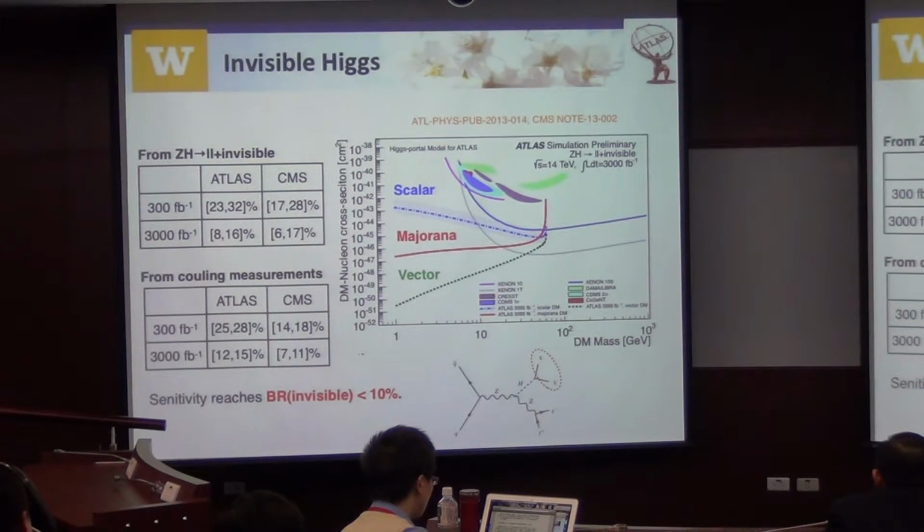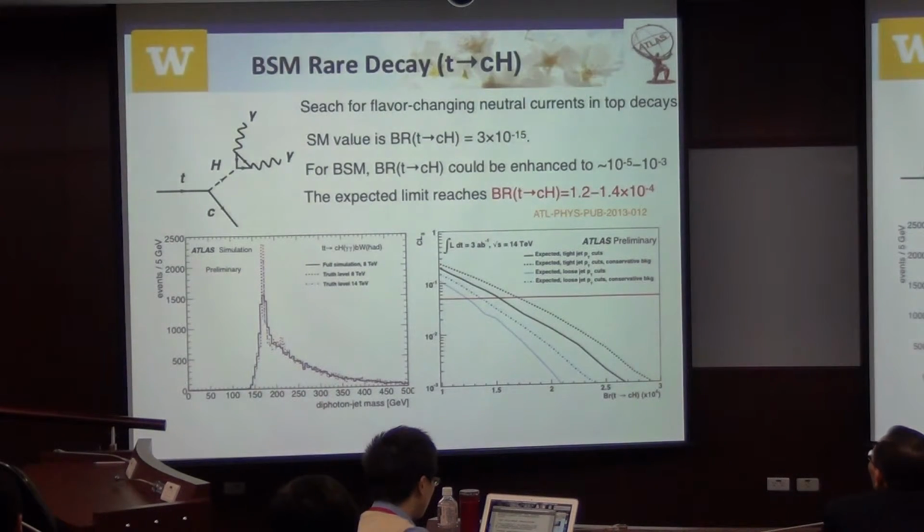But this is the case 20 years from now, when we have 3,000 inverse femtobarns, and we have some projection of how the direct dark matter search, the dark matter nucleon scattering cross-section, looks compared to what could be constrained by the Large Hadron Collider. We also have an interesting channel, flavor changing neutral current top decay, top decay to a neutral plus Higgs.